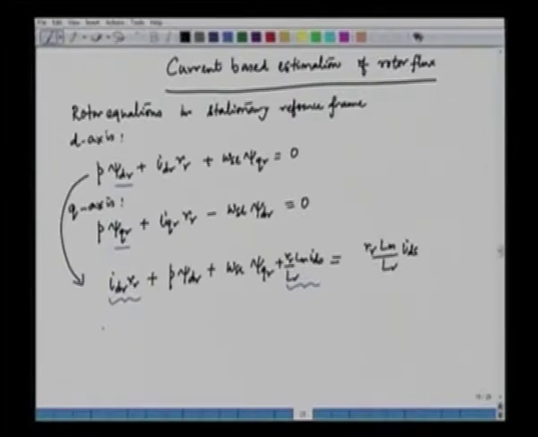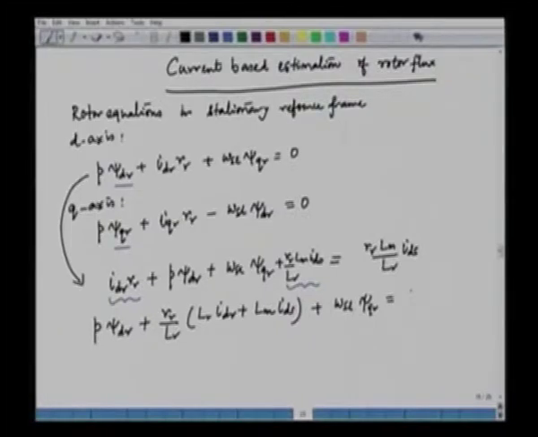We get P psi dr plus, taking RR by LR common, LR into IDR plus LM into IDS, plus omega SL psi QR, that's equal to RR by LR into LM into IDS.